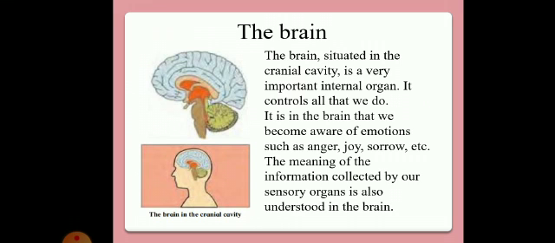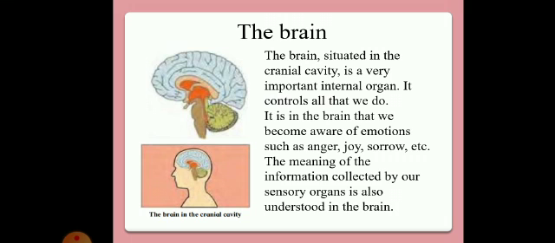Let us study about brain. The brain, situated in the cranial cavity, is a very important internal organ. It controls all that we do. It is in the brain that we become aware of emotions such as anger, joy, sorrow, etc. The meaning of the information collected by our sensory organs is also understood in the brain.